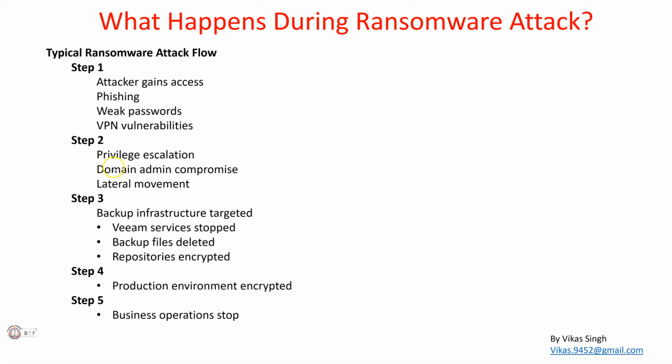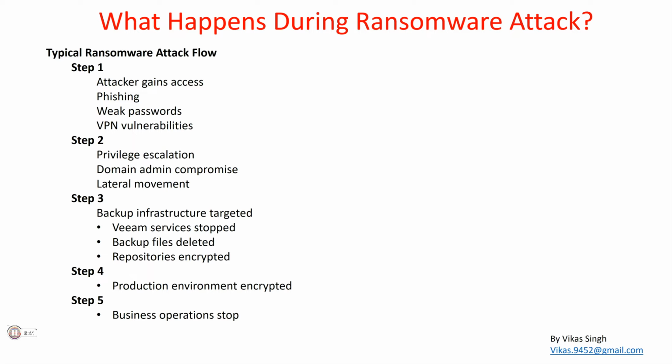The second step is privilege escalation. Once inside the network, the attacker starts moving in the environment. They try to steal credentials, escalate privileges, and compromise domain admin accounts. Now they gain administrative control over the environment.